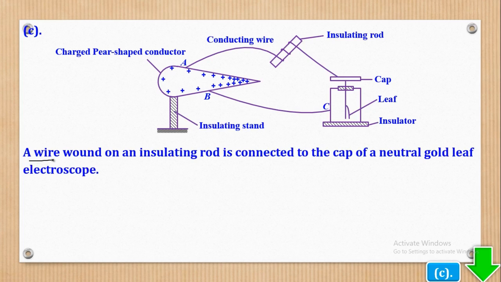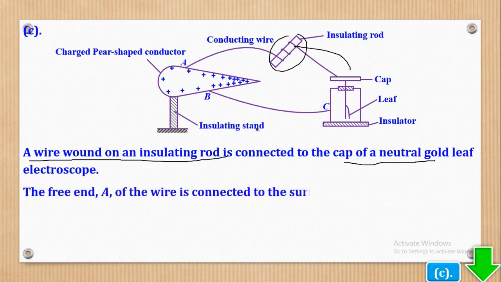So we shall say that a wire wound on an insulating rod is connected to the cap of a neutral gold leaf electroscope. This is a wire wound and connected to this cap. The free end A of the wire is connected to the surface of the charged conductor. So this free end is connected to the surface.